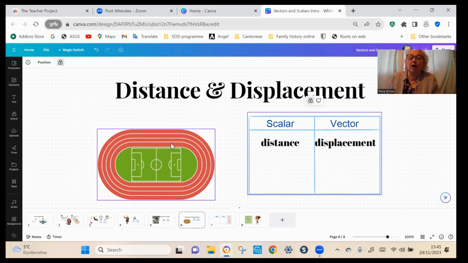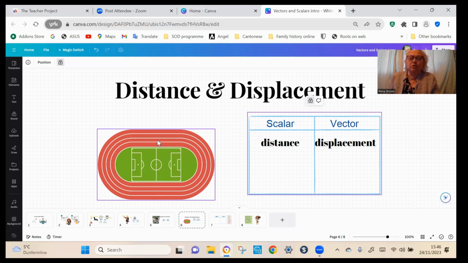Now, imagine this is north and this is south. If you've traveled halfway around the track, what is your displacement? Let's say the magnitude is 30 meters. So the displacement is 30 meters south. Now imagine from there, you run back to the top.